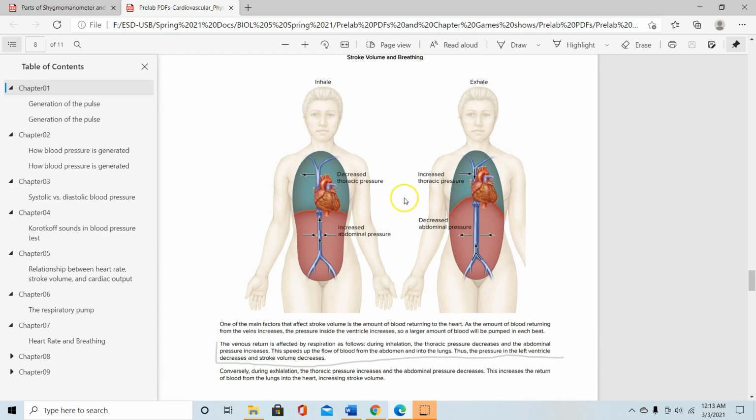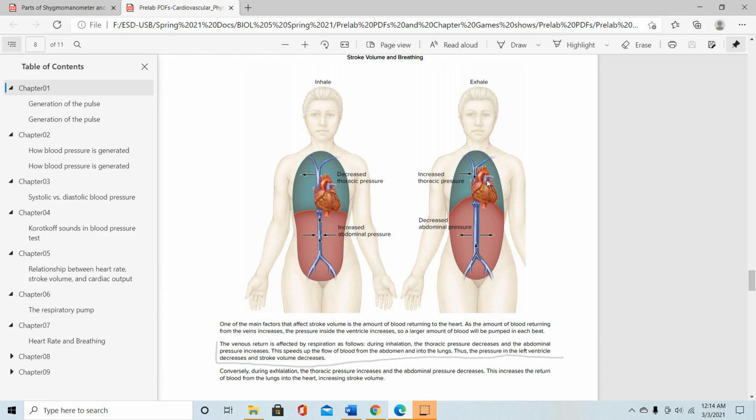Okay, and then when you exhale, what happens during the exhalation? Your thoracic cavity is contracting, so there is increased thoracic pressure but decreased abdominal pressure. Because there is a lot of blood already from inhalation in the lungs, the lungs now send more blood to the left ventricle.